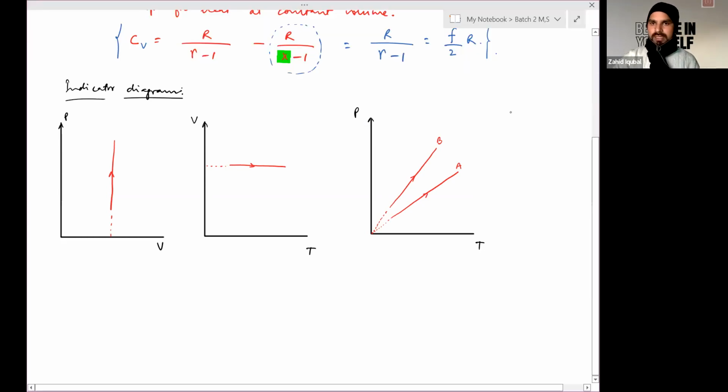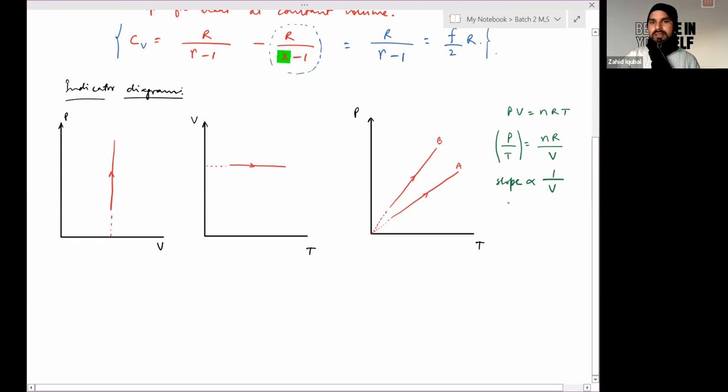So just write ideal gas equation. PV is equals to nRT. Since this graph is related with pressure and temperature, so move pressure and temperature to one side. So pressure divided by temperature equals to nR divided by volume. This particular quantity related to this curve will define your slope, and it should be proportional to 1 by V.